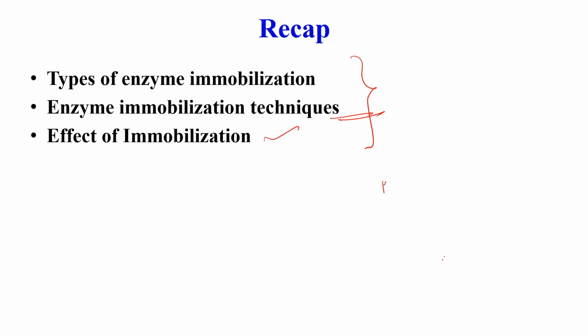Now, what we discussed in the last class is that when you immobilize the enzyme, it can impact the kinetic parameters, both Km and Vmax. In addition, it can also impact the concentration of the substrate. When it impacts the concentration of the substrate, that comes under the purview of external and internal mass transfer.